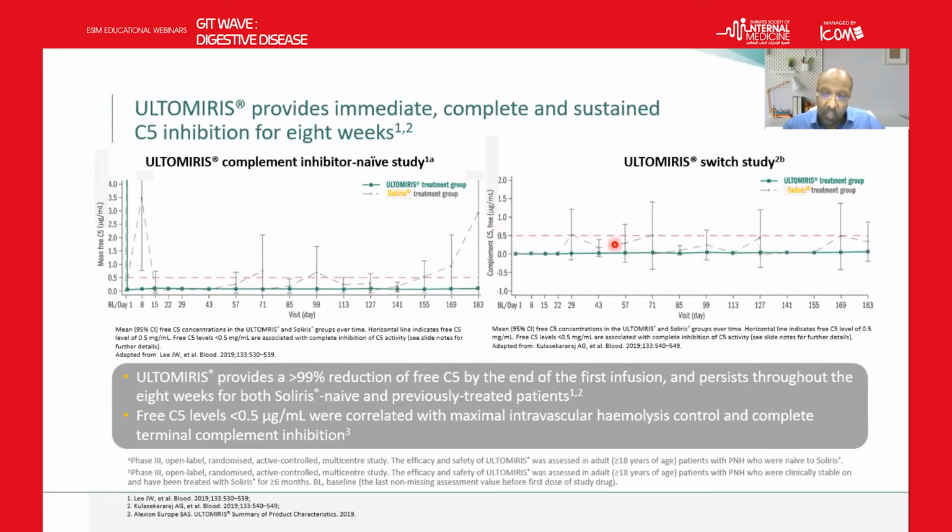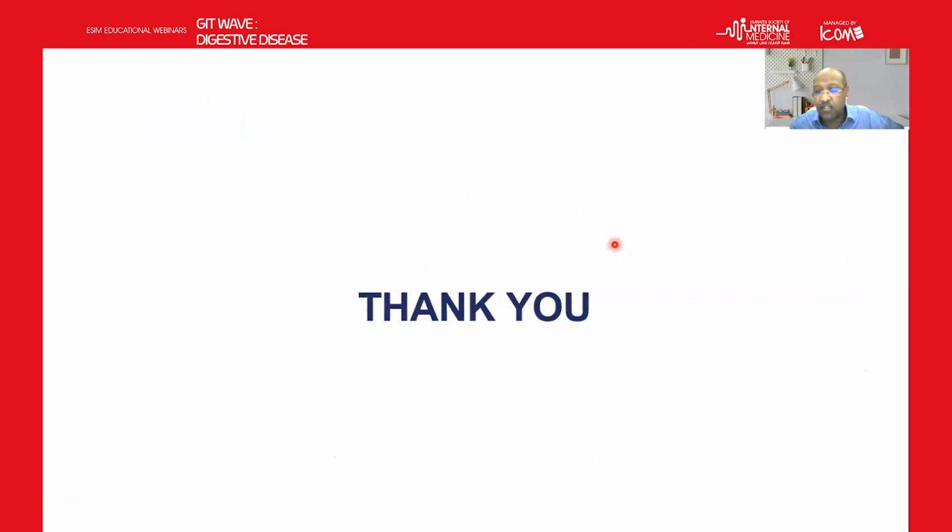Soliris, or eculizumab, is the first monoclonal antibody we used and we're currently using, but we will be moving in the near future to Ultomiris because it has a longer half-life. I think this is my last slide. I would like to thank you for listening to me, and I will be happy to take any questions.